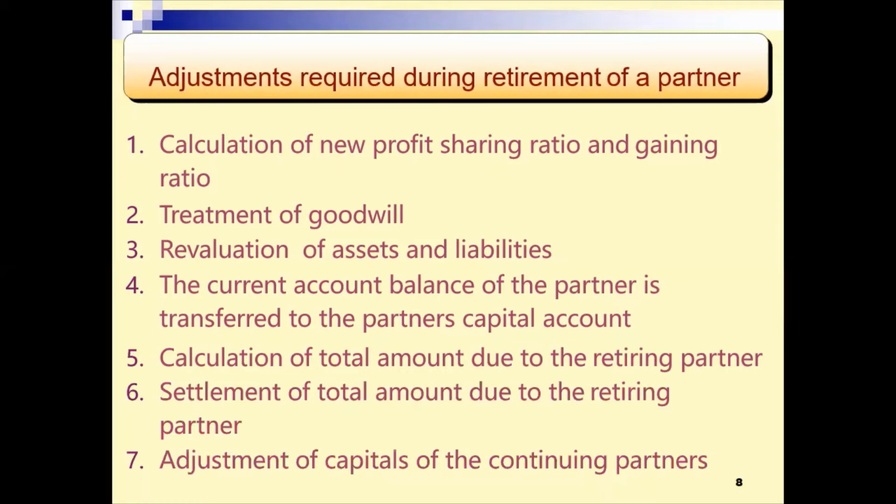After retirement of a partner, the partnership is reconstituted, and therefore the remaining partners start from that particular point. That is why it is important to determine their capital balances after determining the profit sharing ratio.